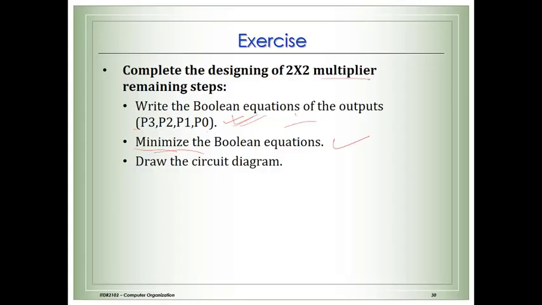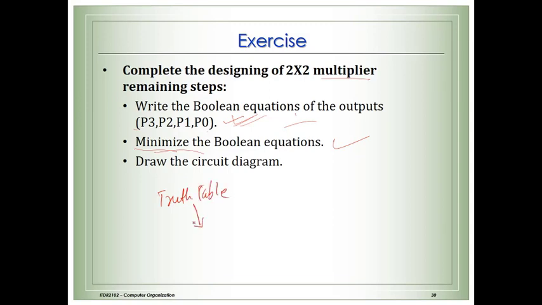So this is all about this lecture. Here we have talked about different gates. The important gates are NOT gate, AND gate, OR gate, NAND gate, NOR gate, exclusive OR gate, right? Then we discussed some Boolean identities which can be used to simplify or minimize the Boolean equation. So to design any circuit, the first thing is that you should have a truth table.